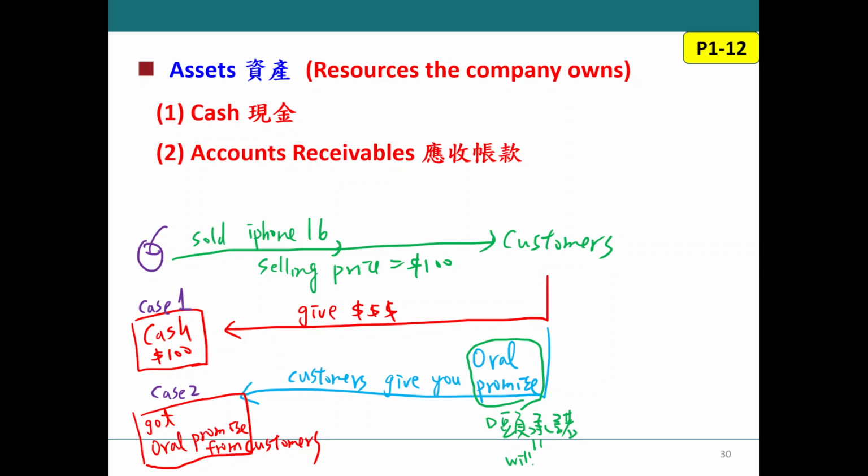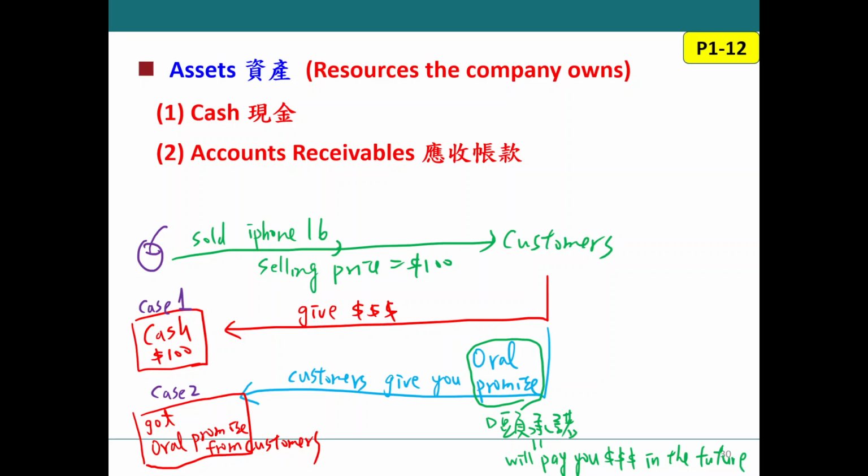They will pay you money in the future. So for case two, your company got oral promises from customers.